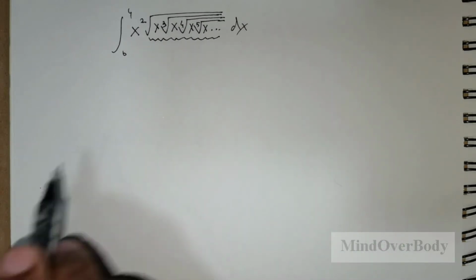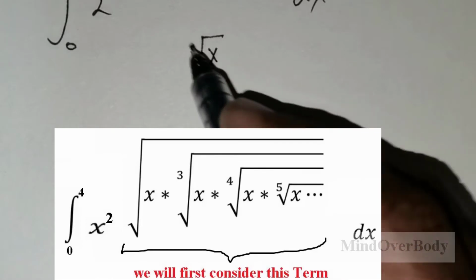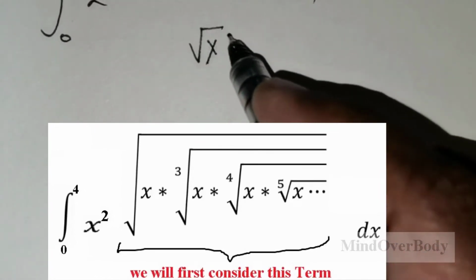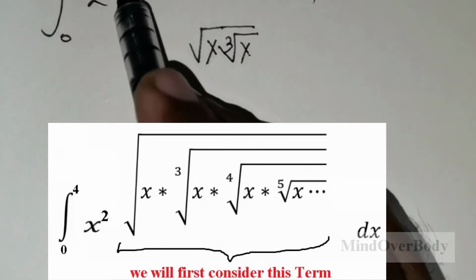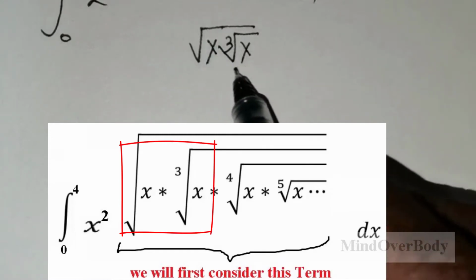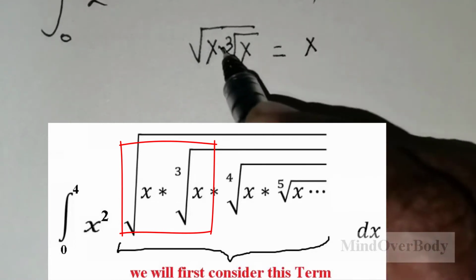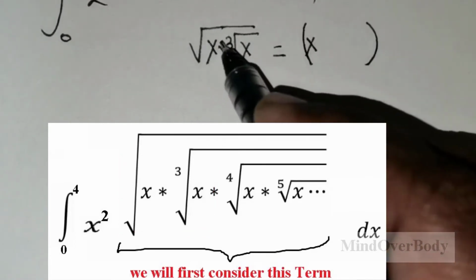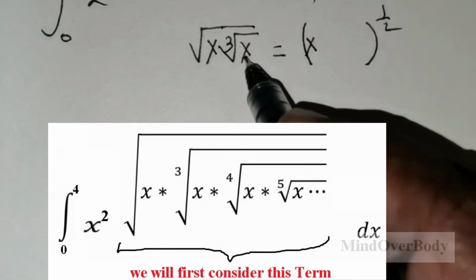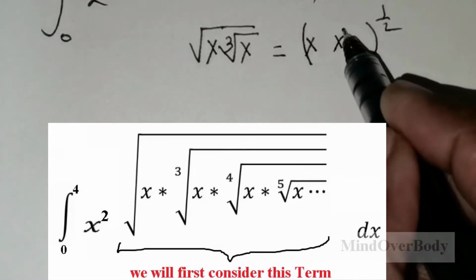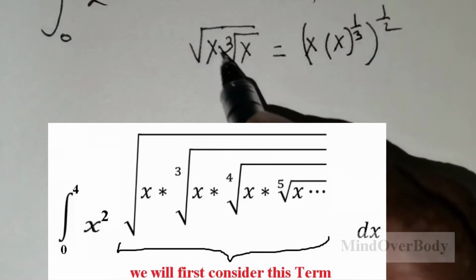So if you consider the first quantity, it starts with the root of x. After that, you have the third root of x. If you are considering the first two terms, they take this form. If you rewrite this, it's going to be x, with the power of x being 1 over 2, followed by the third root of x, but the third root of x is actually within the square root of x.